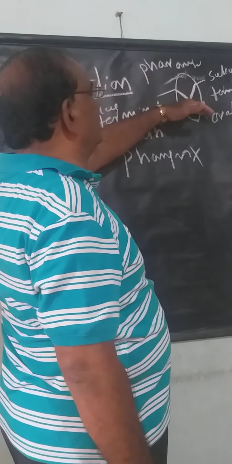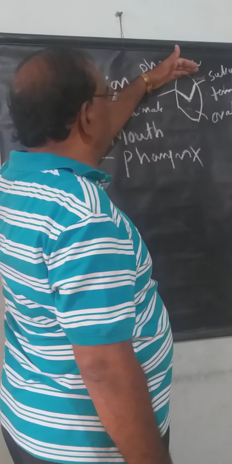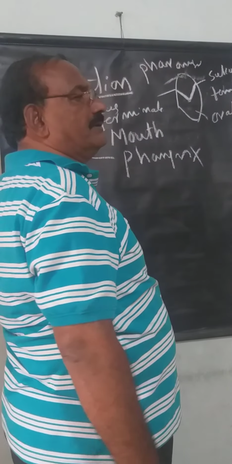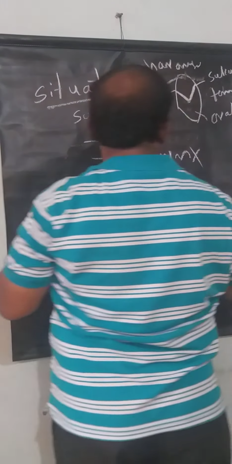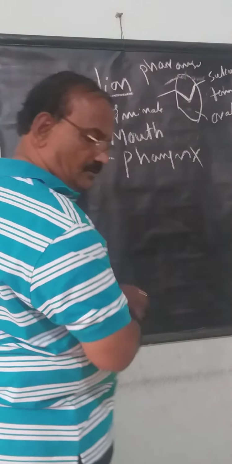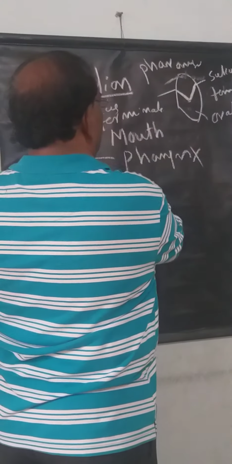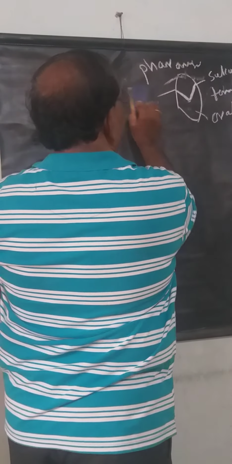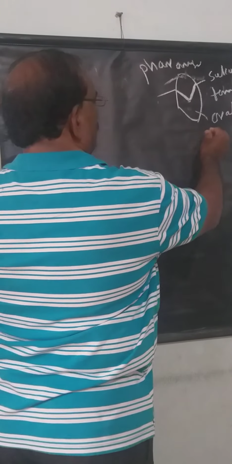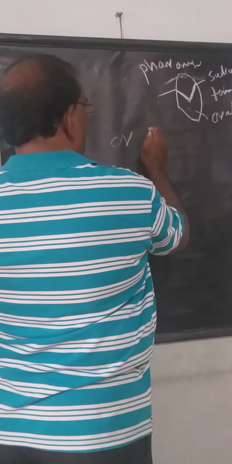Though they are one entity, this pharyngeal part and the oral part differ from each other in function, in structure, and in development. The dorsum of the tongue has two parts. One is the oral part.